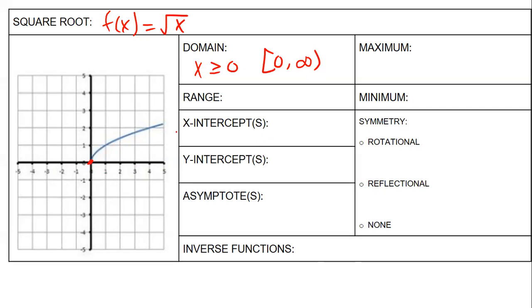Our range also starts there. So we have y is greater than or equal to 0. Do we all understand those both notations? Questions about either notation? Okay. And x and y intercept are at the same location.